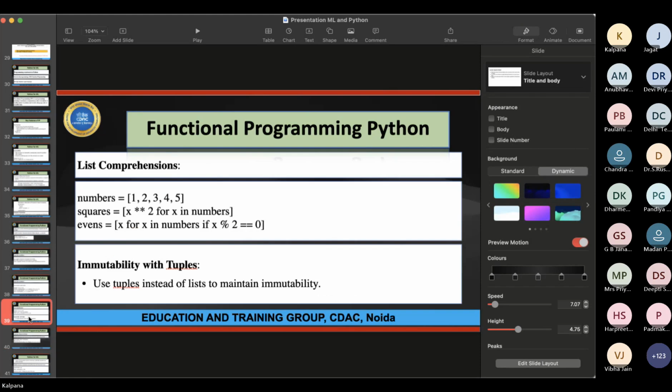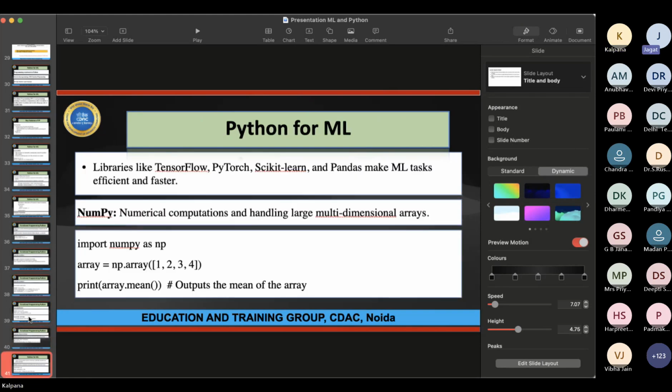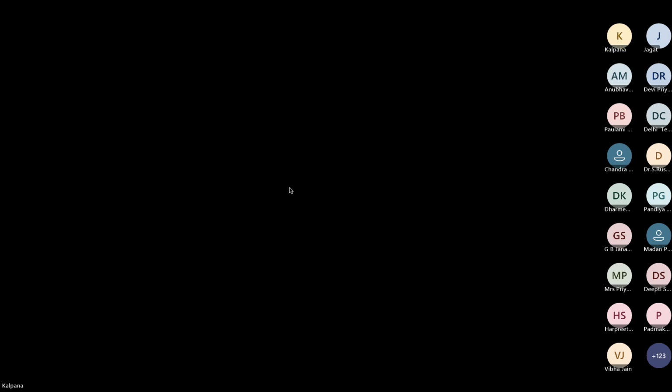Okay. Please make it full screen. Sorry, I cannot understand what you are saying. Full screen. Okay, sorry. Is it clear? Okay. Ma'am, no screen is visible.